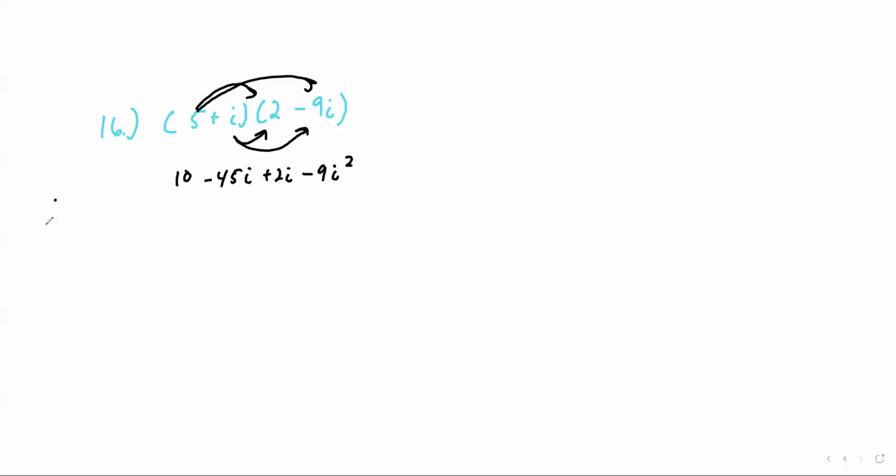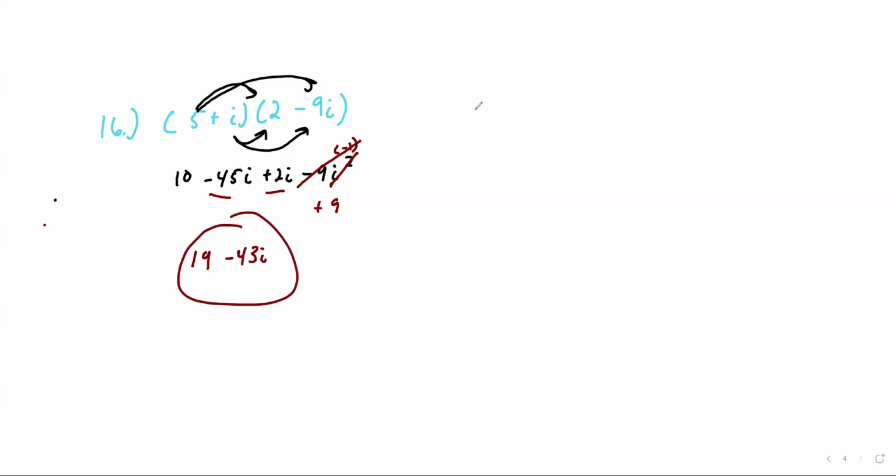Once again, this i squared is a negative 1, which will make this negative 9i squared become a plus 9. So 10 plus 9 is 19, and then negative 45i plus 2i would be negative 43i.